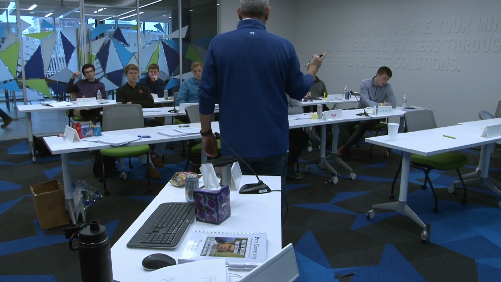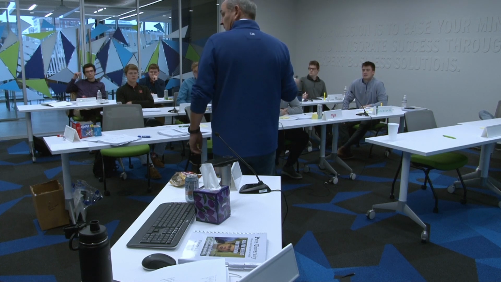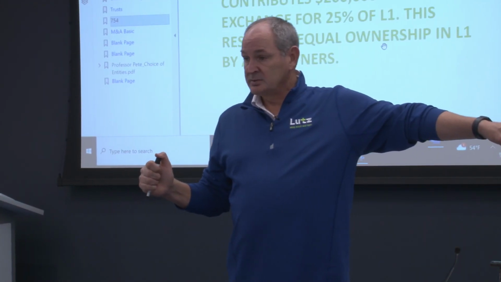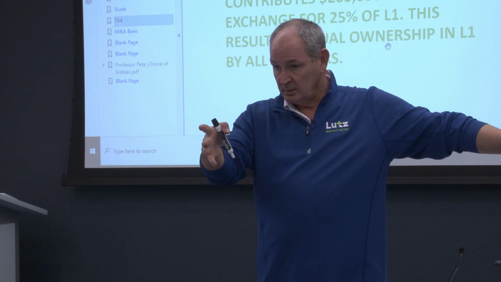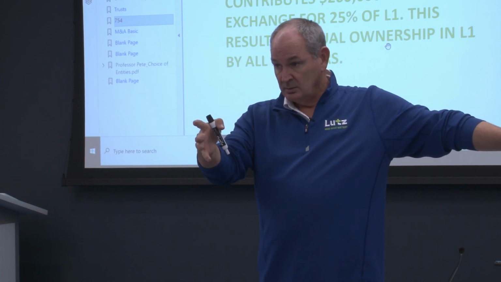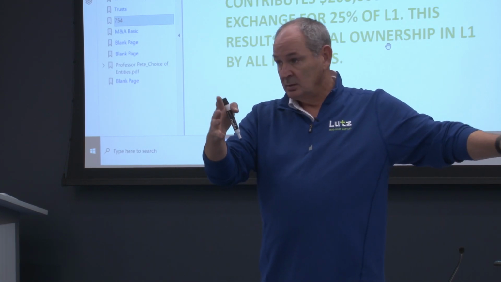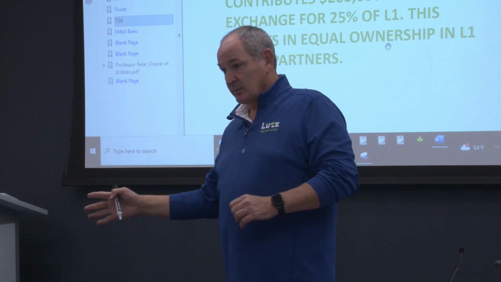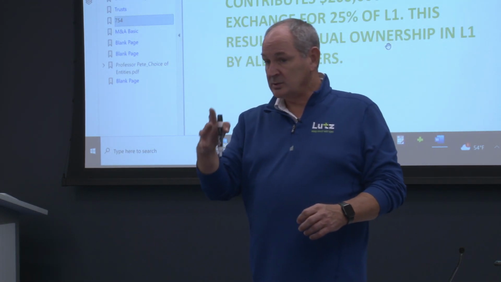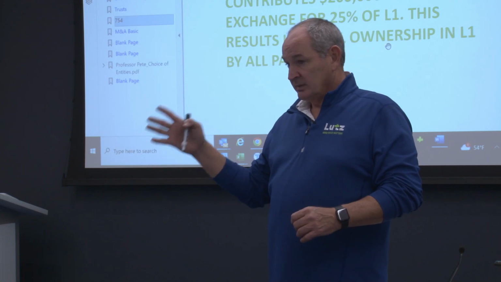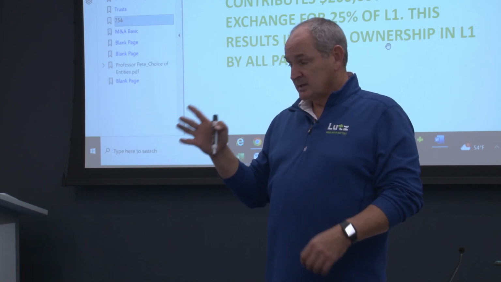Well, what do we do now? C sold his interest to Sam for $2 million. No cash came on the balance sheet. No cash exited the balance sheet. Nothing came on or exited the balance sheet. This is 743, 734.